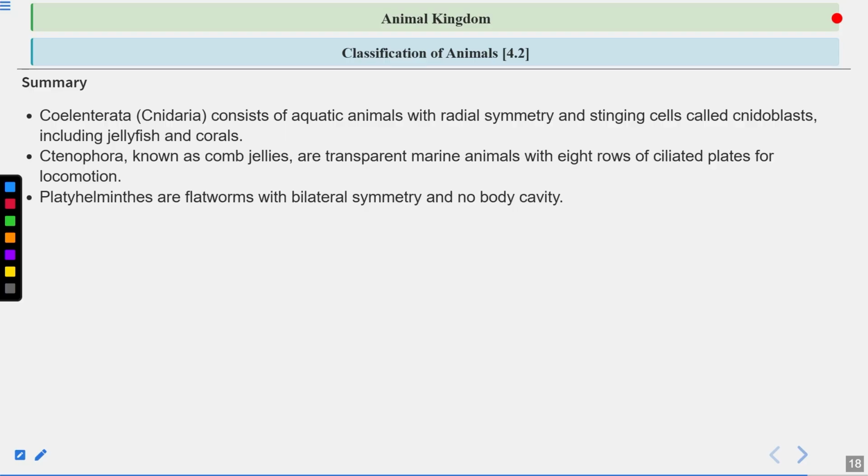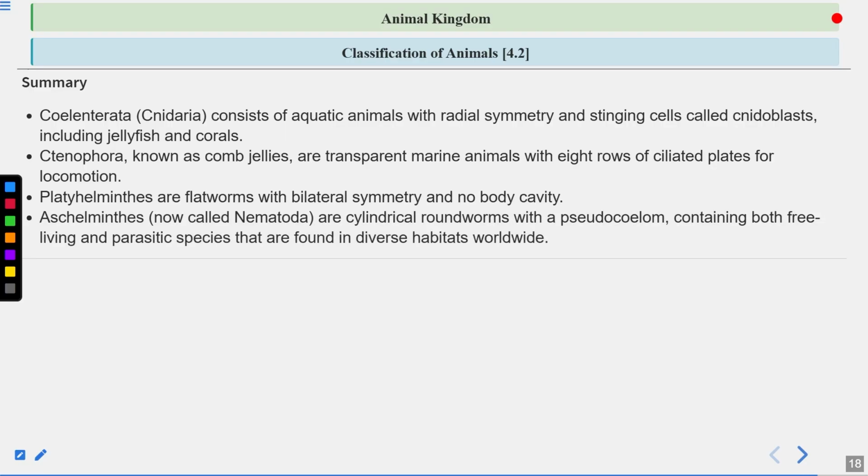Platyhelminthes are flatworms with bilateral symmetry and no body cavity. Aschelminthes, now called Nematoda, are cylindrical roundworms, pseudocoelomate, containing both free-living and parasitic species found in diverse habitats worldwide.